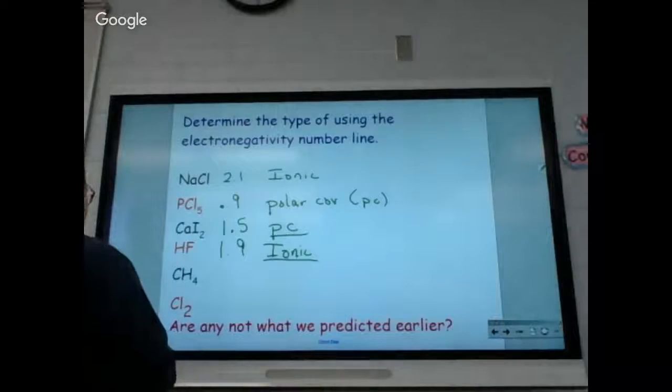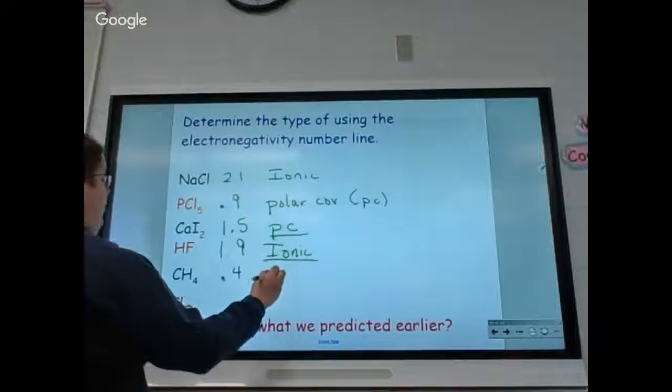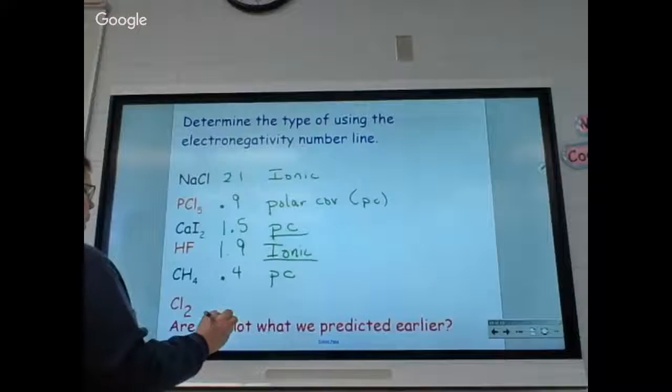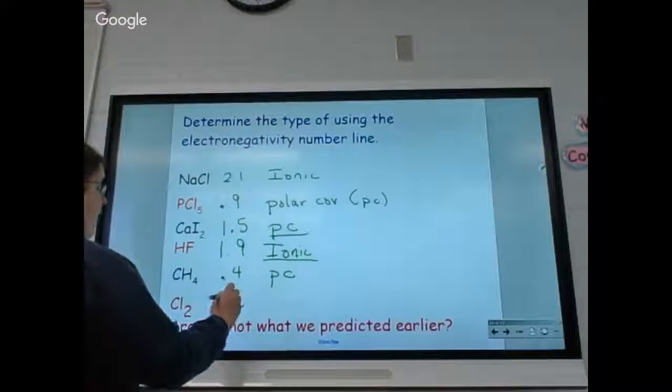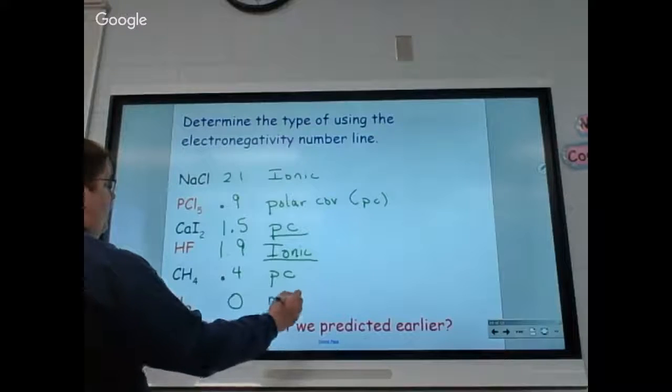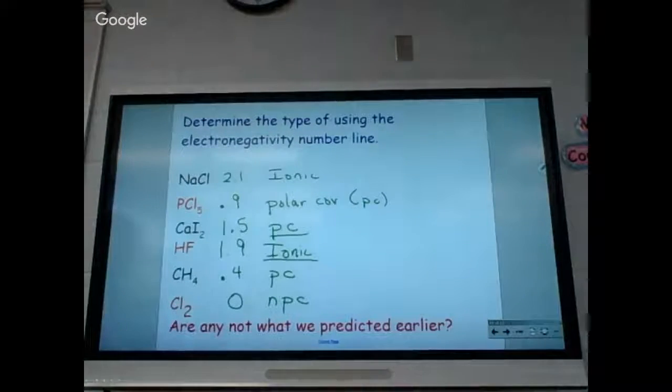CH4, you got what? 0.4, so that's polar covalent. And Cl2, we just did in the opening, that was 0, so it would be nonpolar covalent. Now, the last one you had in the opening yesterday, or in your homework, was Mn. Mn would be what? Metallic.